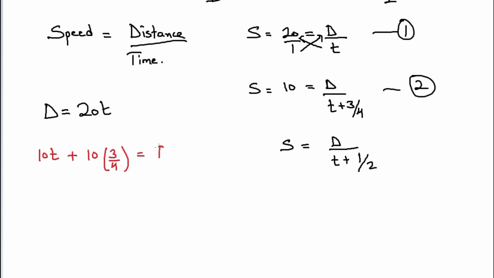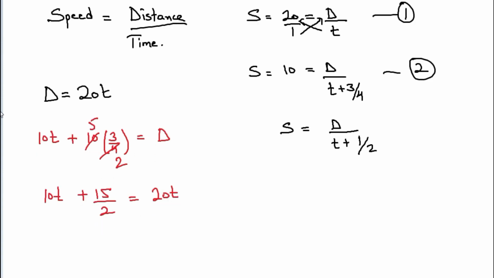Now I can cancel a little: I can make it 5 and 2, and in place of d I am going to put 20t. So what I get is 10t plus 15 by 2 is equal to 20t.